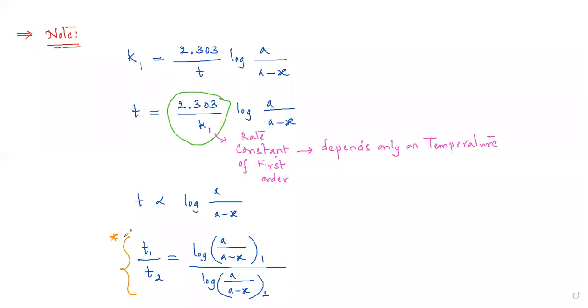When will 99.9% complete? So in that case, your a will be 100 and the reacted will be 90 in the first case, and you are given the time. In the second case, again, a will be 100, but x will be 99.9 because that is the reaction which has already been completed. And you have to calculate this t2. So this way, we can take any number of examples. So very important relation.